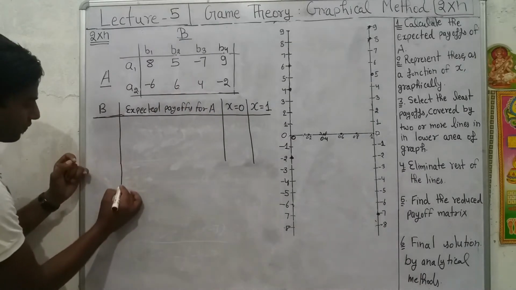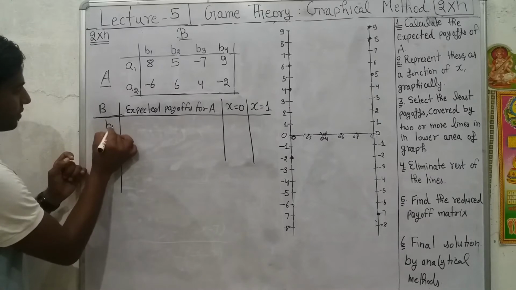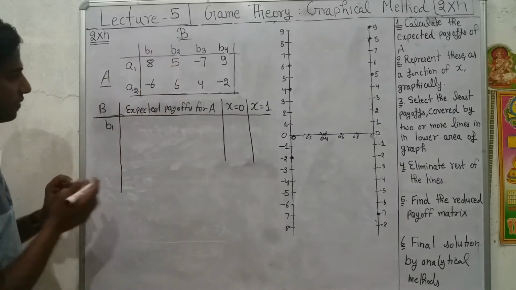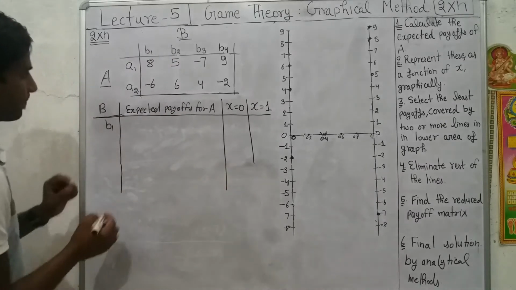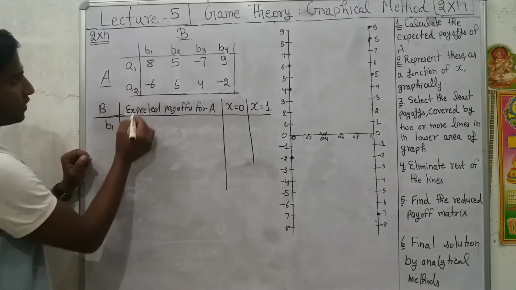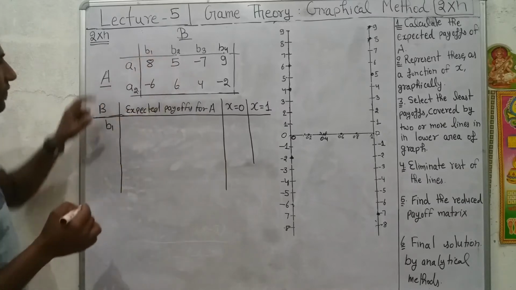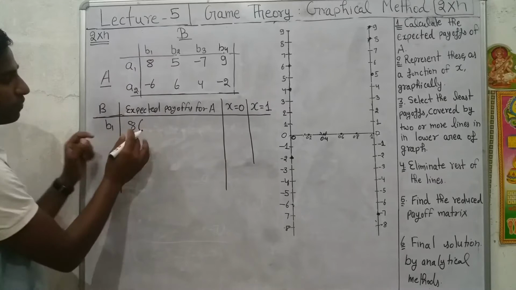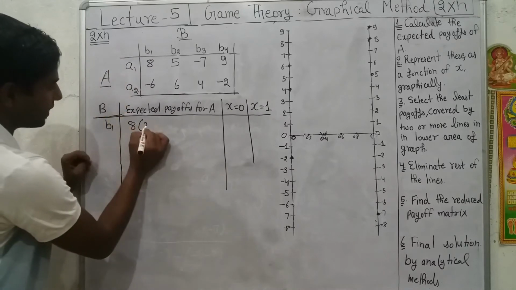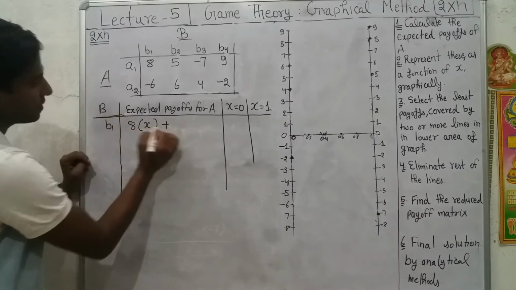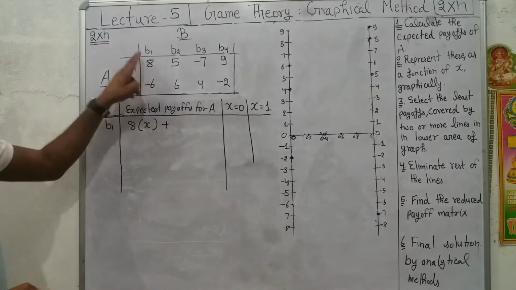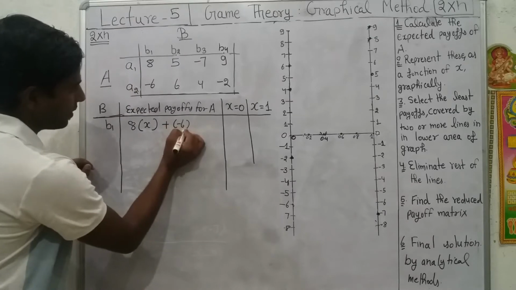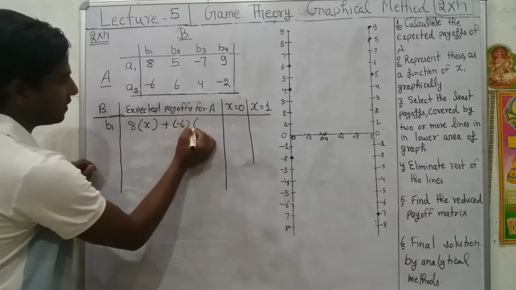In response to strategy B1, what would be the expected payoff of company A? In case of B1 the value of A1 is 8, so 8 into the probability of A1, that is x, plus the value of A2, which is minus 6, into 1 minus x, the probability of playing A2.